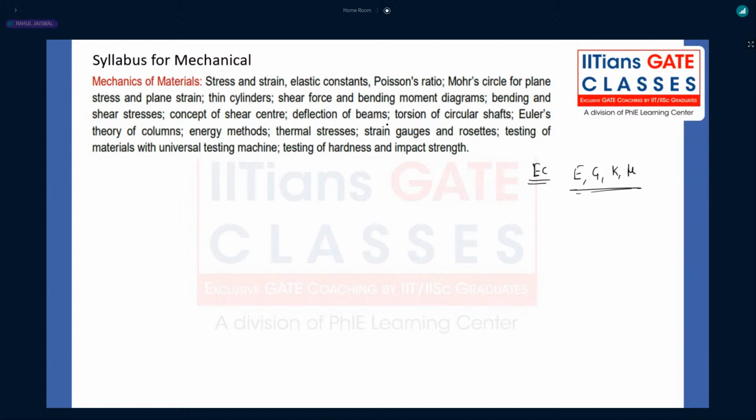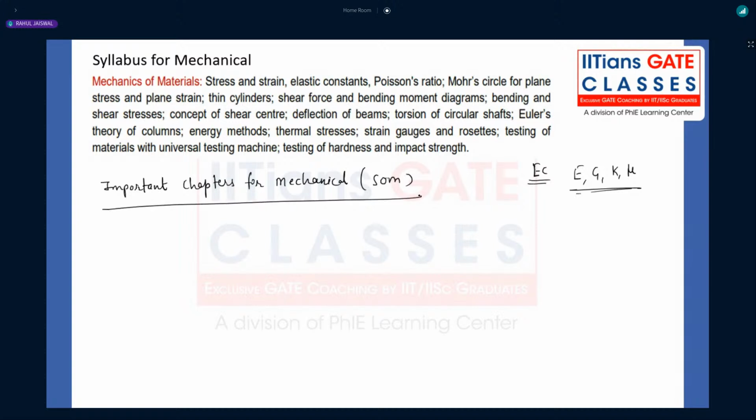So here, the important chapters for mechanical, for the strength of material part, if I mark them.